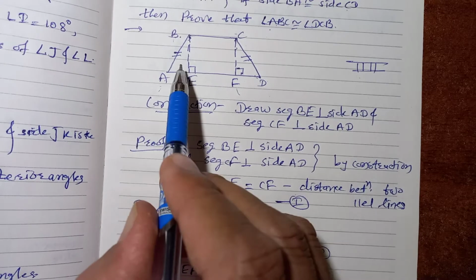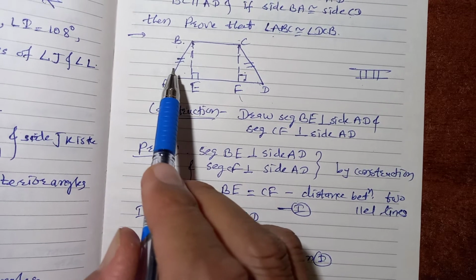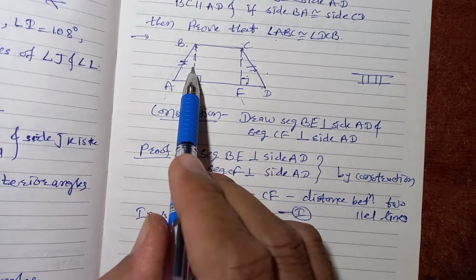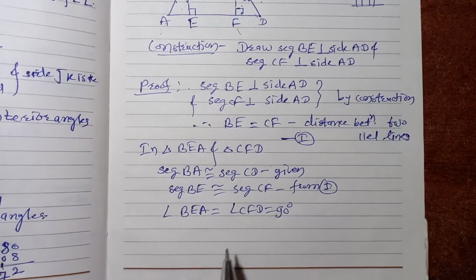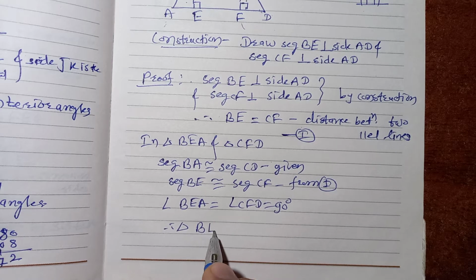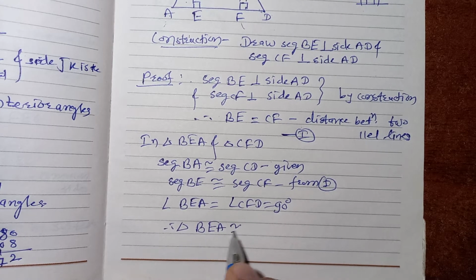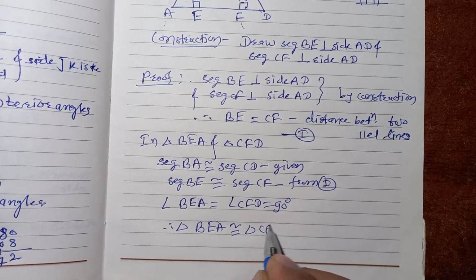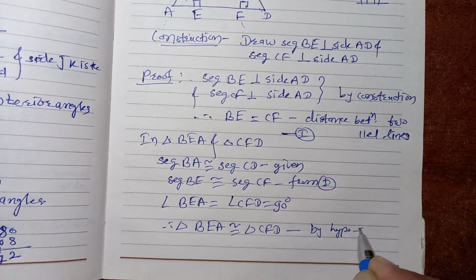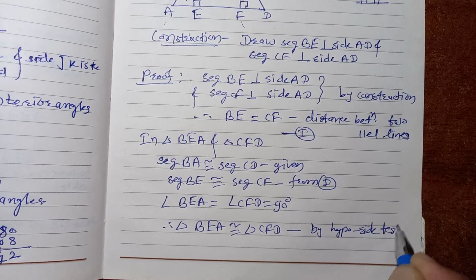So now see, this is a right angle triangle. You know the test of congruency. We showed the hypotenuse is congruent and one side is congruent. So can we say directly triangle BEA is congruent to triangle CFD by the hypotenuse side test?